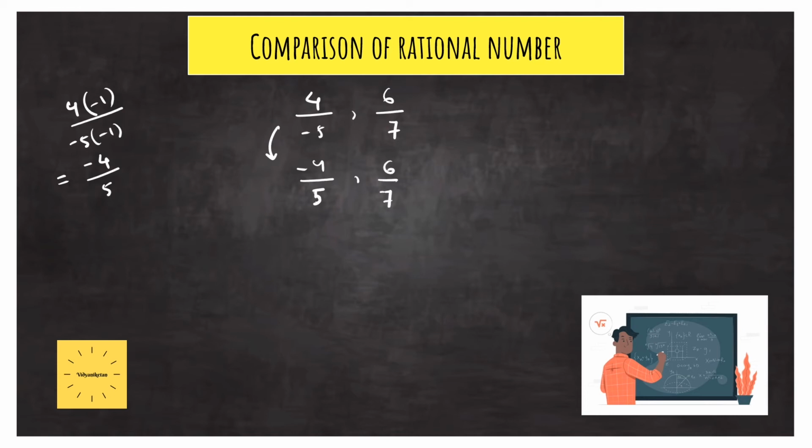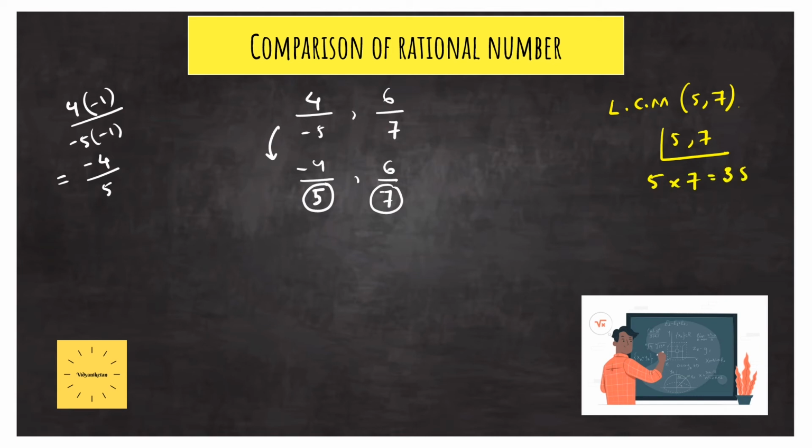Now, as I have already told, we need to make the denominators equal. To make the denominators equal, we need to take the LCM. So LCM of 5 and 7, there is nothing common, so we can take 5 into 7, that is equal to 35.